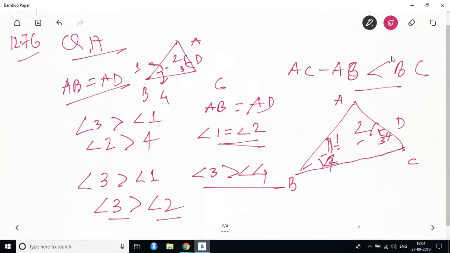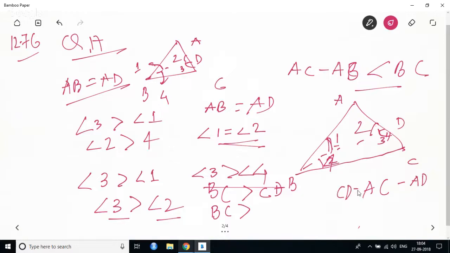What is the side opposite to angle 3? Side opposite to angle 3 is BC. And what is the side opposite to angle 4? That is CD. Now try to understand, CD can be written as AC minus AD.